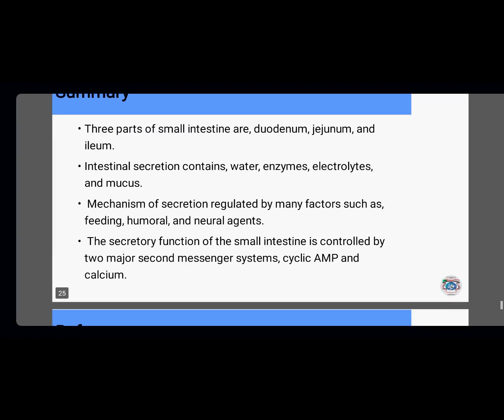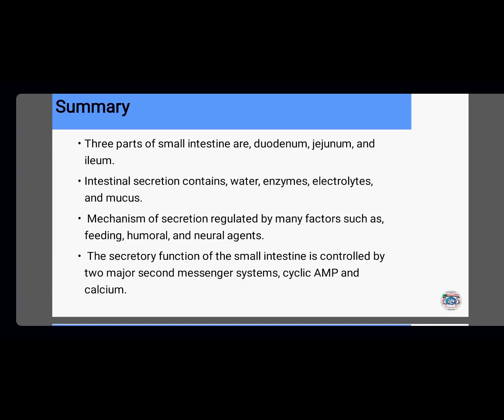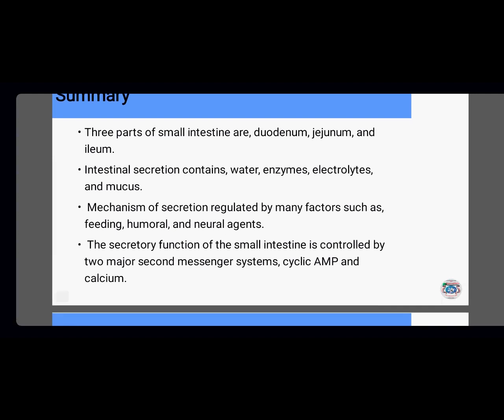In summary, the three parts of the small intestine are the duodenum, jejunum, and ileum. Intestinal secretion contains water, enzymes, electrolytes, and mucus. The mechanism of secretion is regulated by many factors such as feeding, humoral, and neural agents.